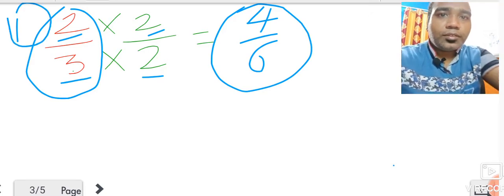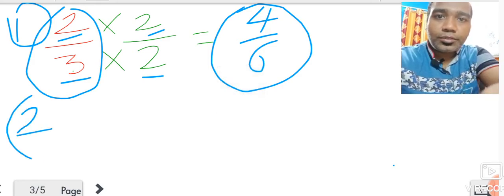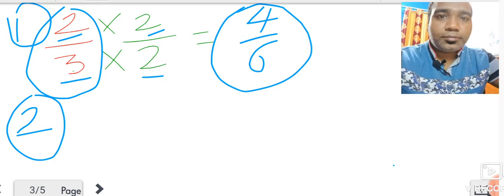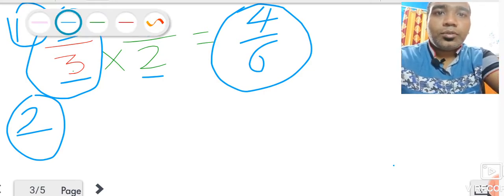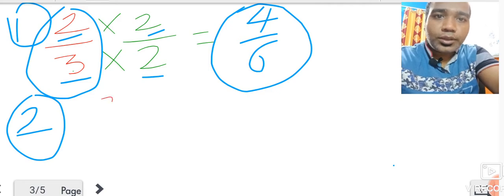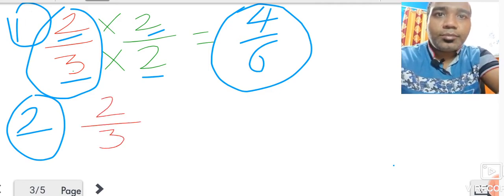Now suppose I have to write a second equivalent fraction of 2 by 3. Again we multiply by the same number.